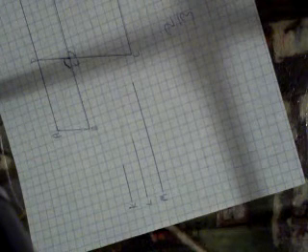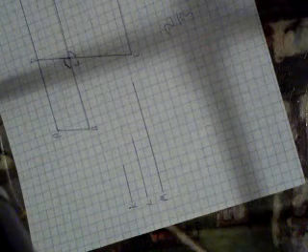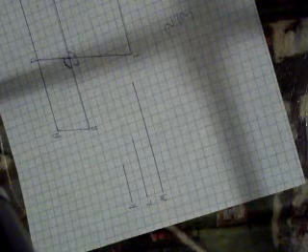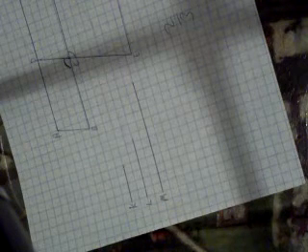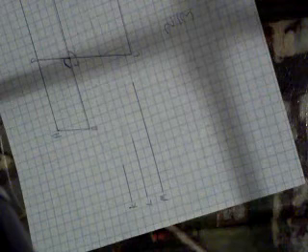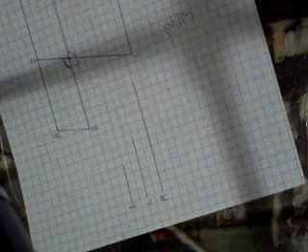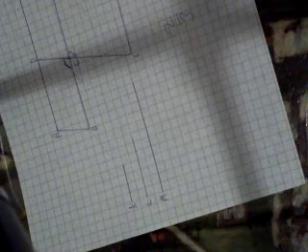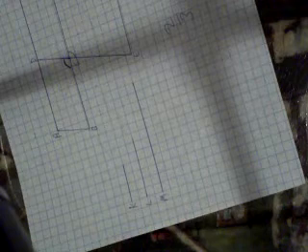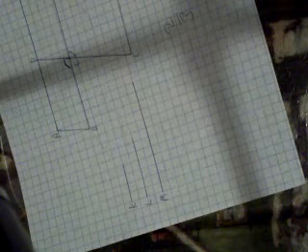Now, let's follow their logic for a second. The ratio of K to M. Now, what is the ratio of K to M? Well, I made K the length of 1 inch. And I made L the length of 1.5 inches.